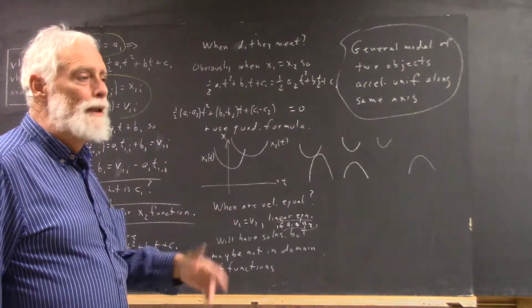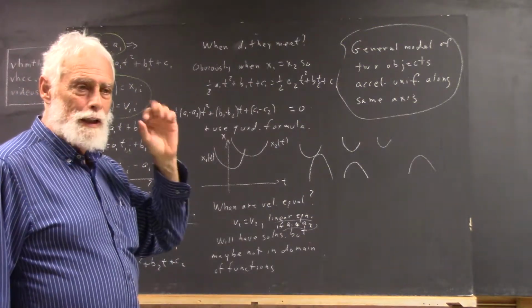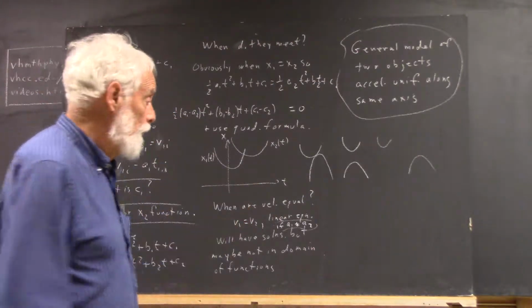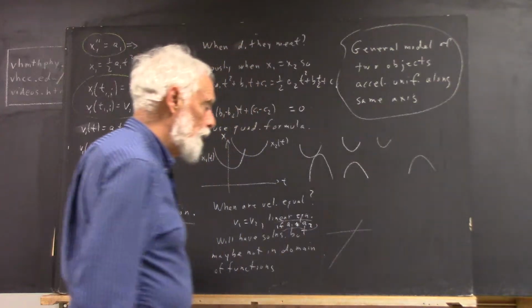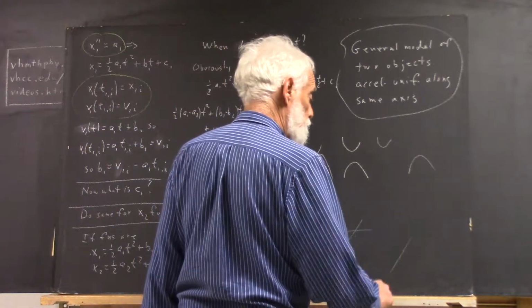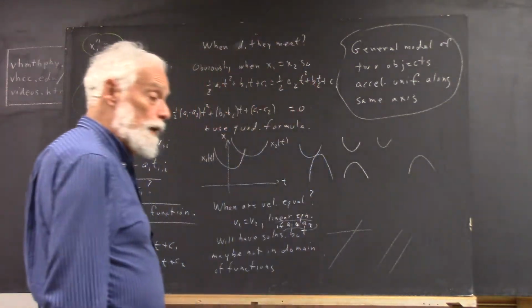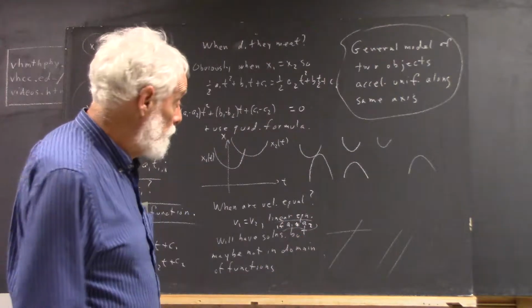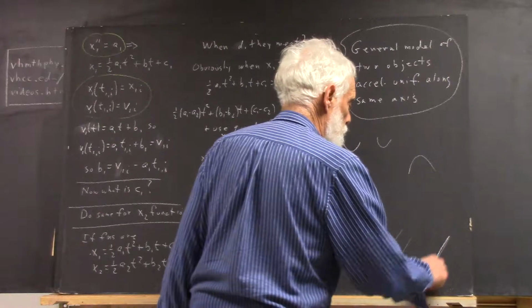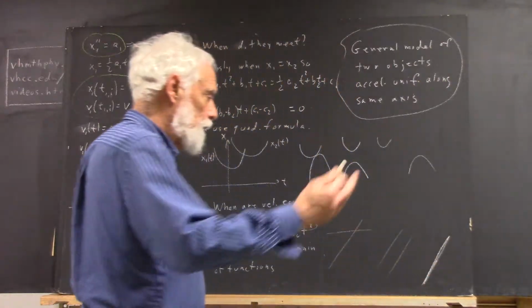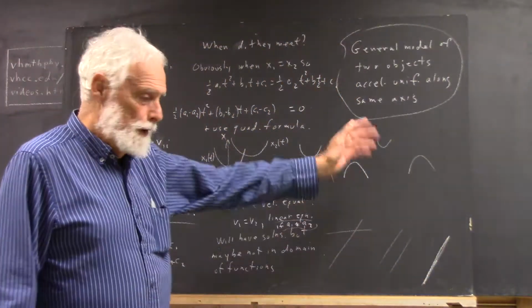Well, no. Meaning that you'll have either 1 point of intersection, and that's going to happen if the lines have different slopes, no points of intersection if the lines are parallel but don't meet, or an infinite number of points of intersection where one line's right on top of the other.